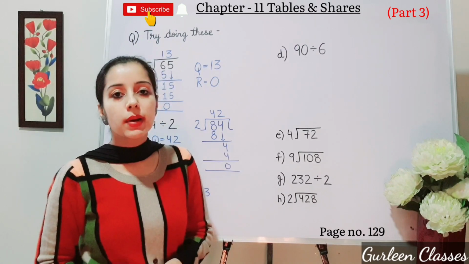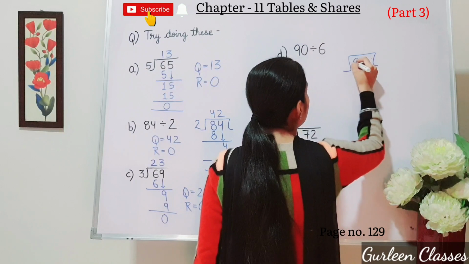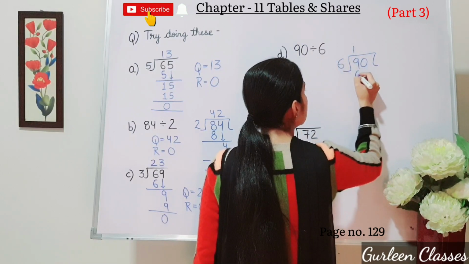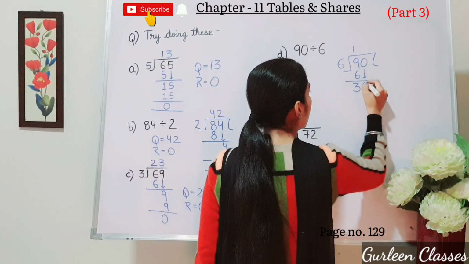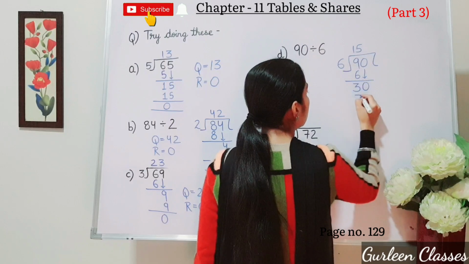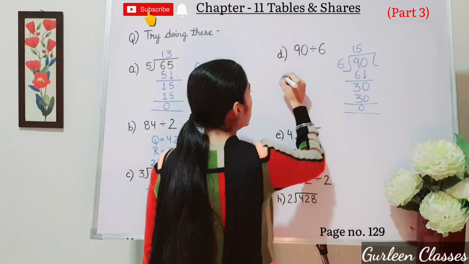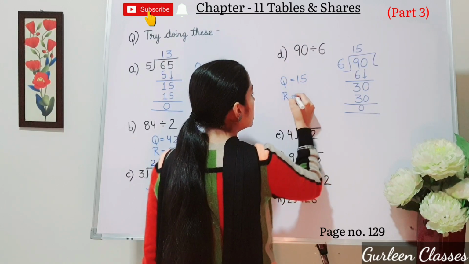So let us do this by long division method. So right here, dividend is 90 and divisor is 6. 6 ones are 6. 9 minus 6, 3. 0 will come down. 6 5s are 30 and remainder is 0. So quotient is 15 and remainder is 0.